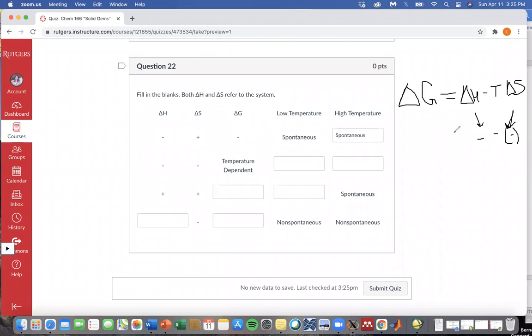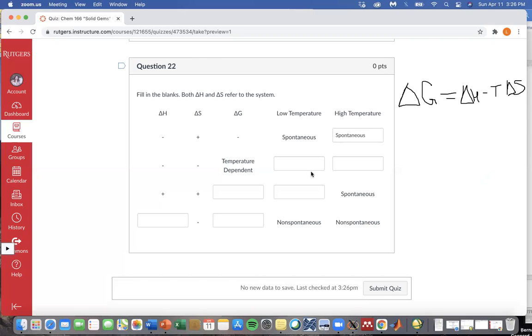So because you're subtracting it, if you have a negative delta H, and then you'd have plus this here. Oh, my bad. No, yeah. Actually want it to be small, right? Because if it's small, then you're not changing it. You're not going to make this much less negative, or make it positive. So your overall delta G could still be negative. And so because of that, it's only spontaneous at low temperatures.